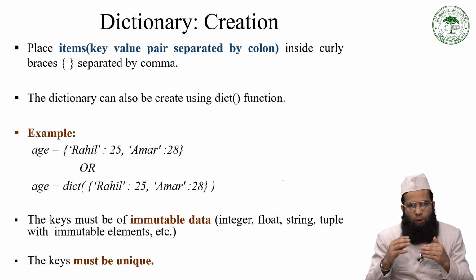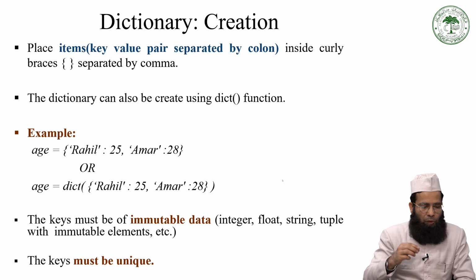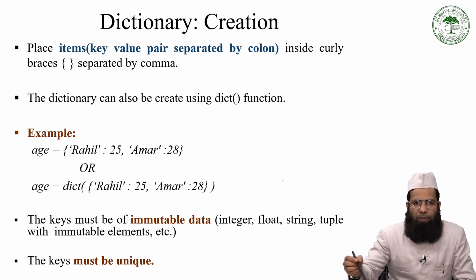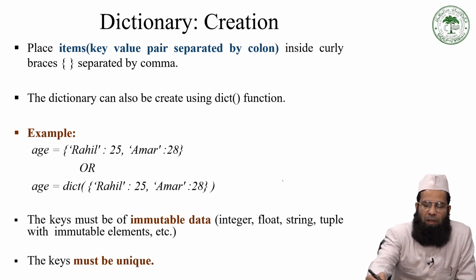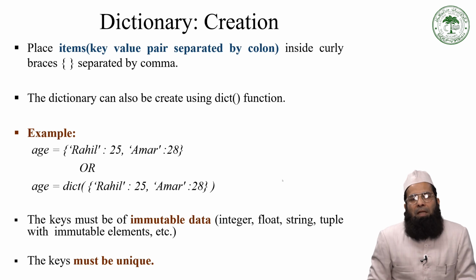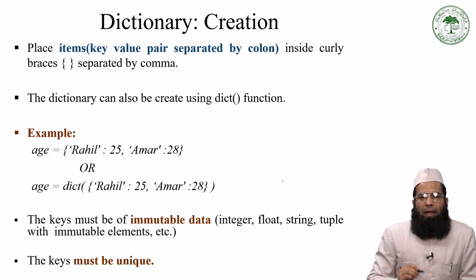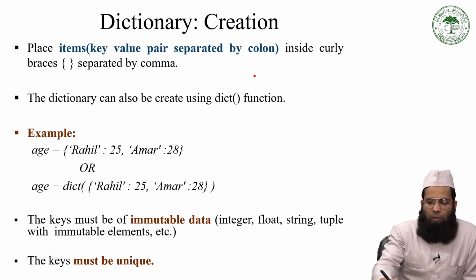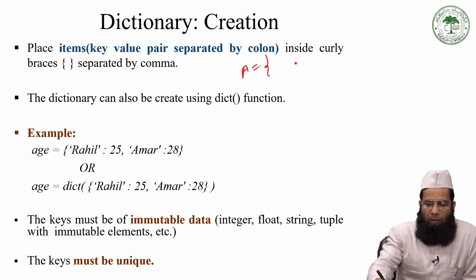How to create a dictionary? We create a dictionary using key value pairs separated by a colon. We have seen how to create a set, and we used to create a set using curly braces.